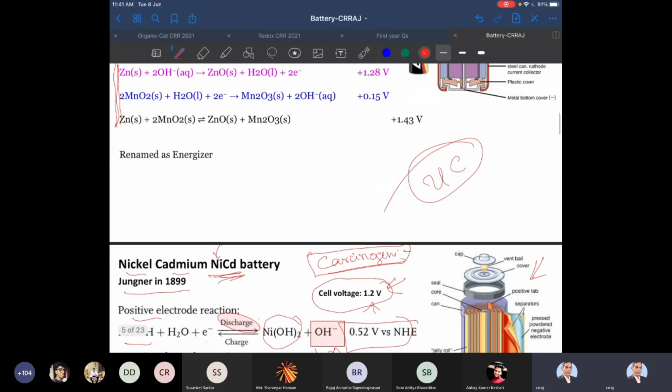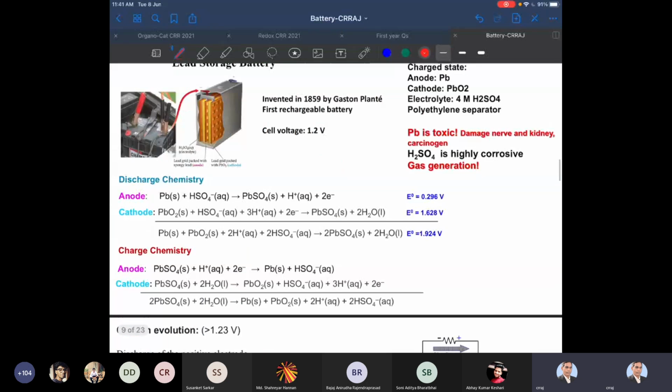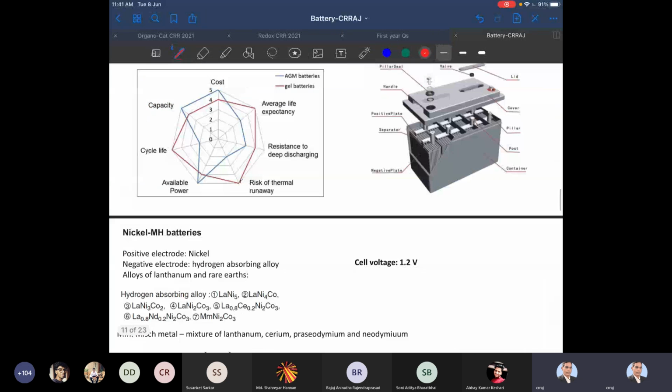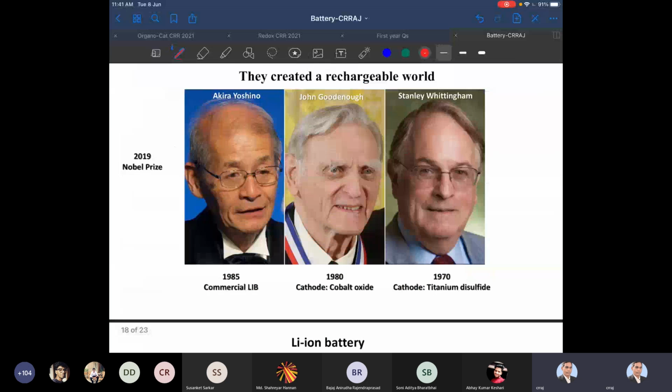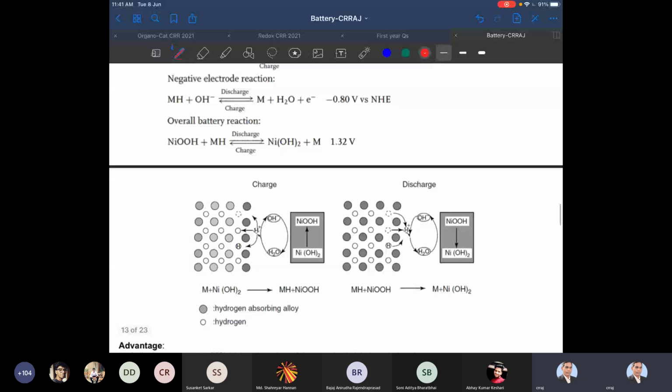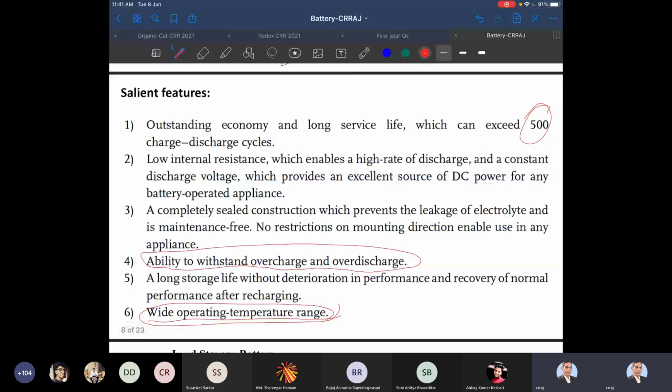We have many more that I usually teach, the lead acid, and then finally ending with the Nobel-winning lithium ion battery. This time we decided not to dump everything on you. We limited the syllabus to make your study life a little easier.